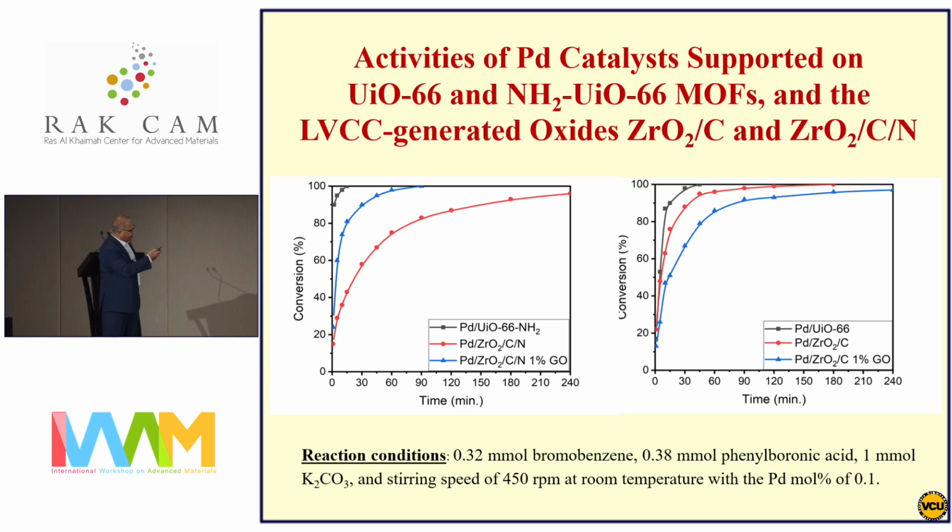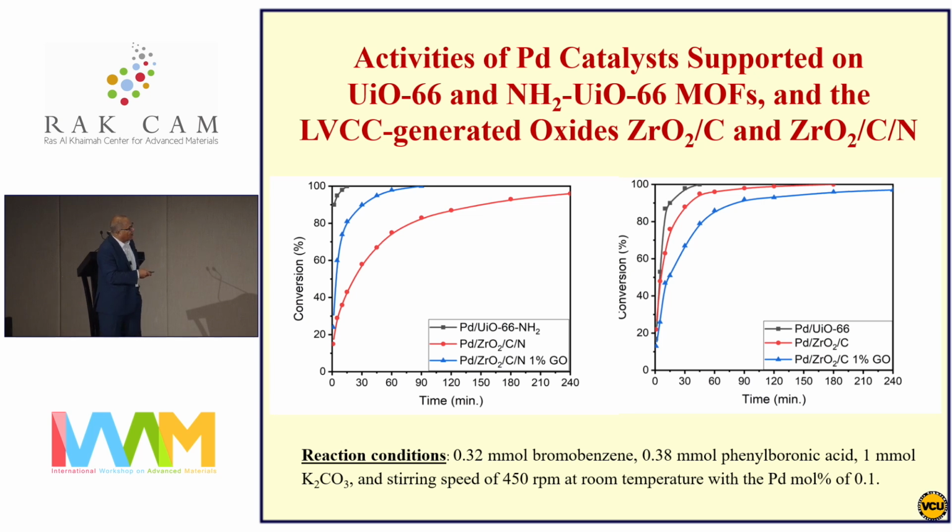We try to add graphene oxide to this support to increase the carbon support amount in the oxides, and we see enhanced activity when we add the graphene oxide. This is with 1% graphene oxide. That's the system that was supported on the amine UiO-66.